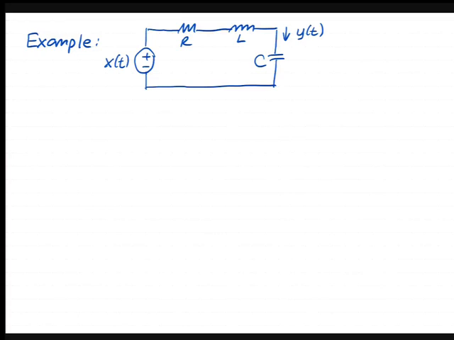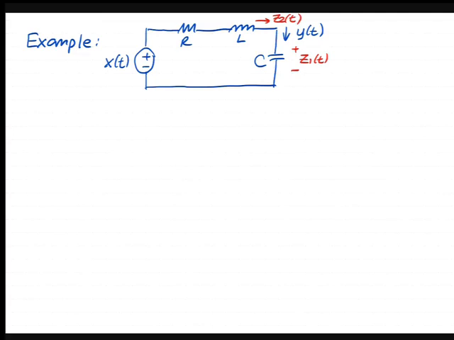So what we do is we name the inductor currents and the capacitor voltages to be our state variables. So let's call this voltage z1 and this current z2, and you obviously see here that z2 is going to be y at the end of the day, right?